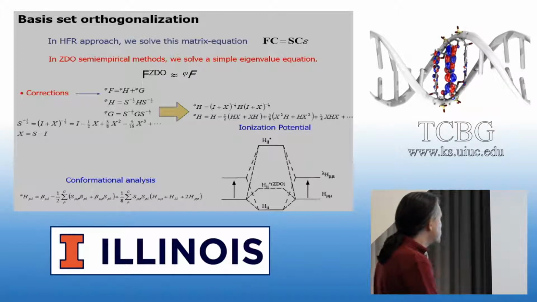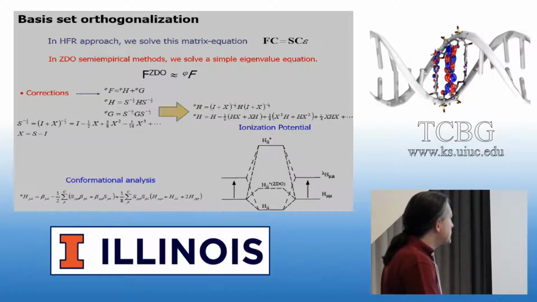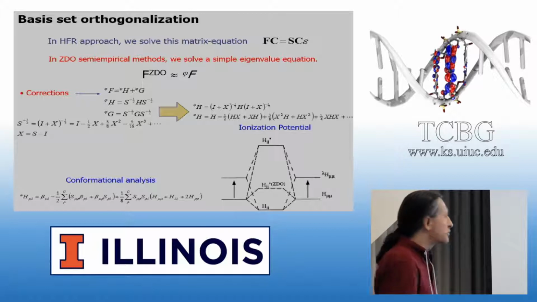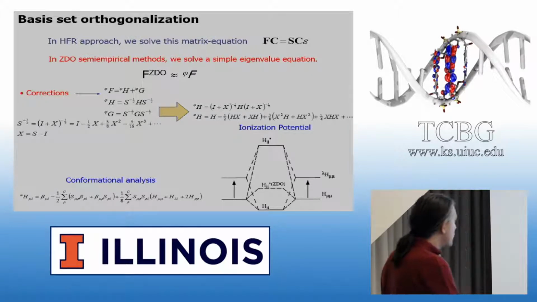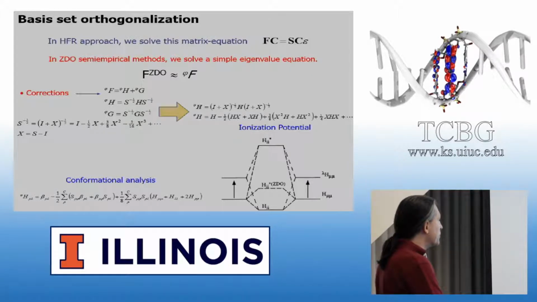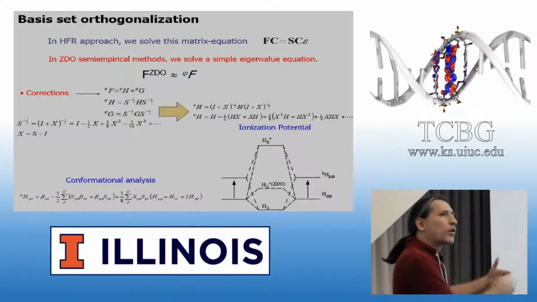In the Hartree-Fock-Roothaan approach, we solve this matrix equation. It's a generalized eigenvalue equation, because you need to transform this equation to avoid this type of matrix. But the semi-empirical methods consider the transformed Fock matrix in this symmetrically orthogonalized basis of molecular orbitals.